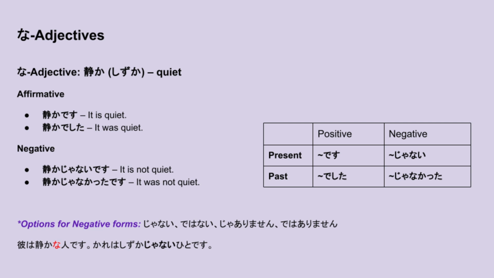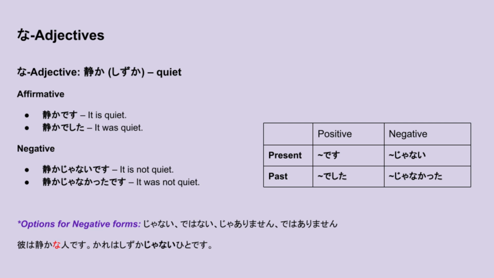Next would be shizuka ja arimasen deshita. That's the same conjugation as aru, the verb to be: arimasu, arimashita, arimasen, arimasen deshita.